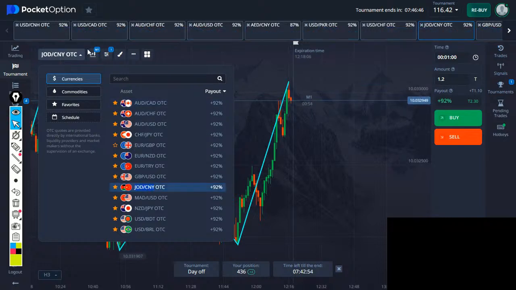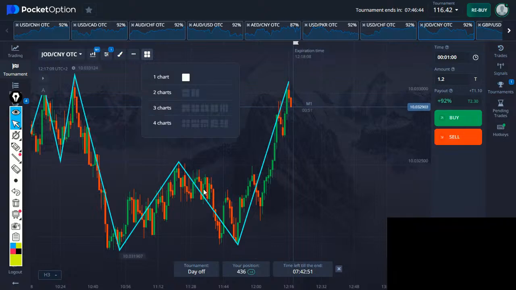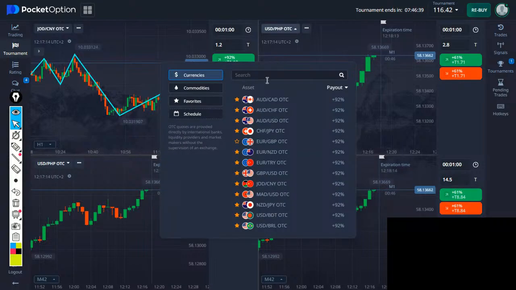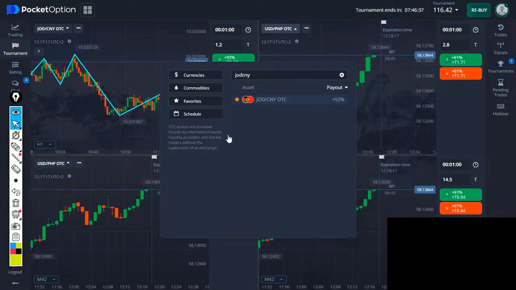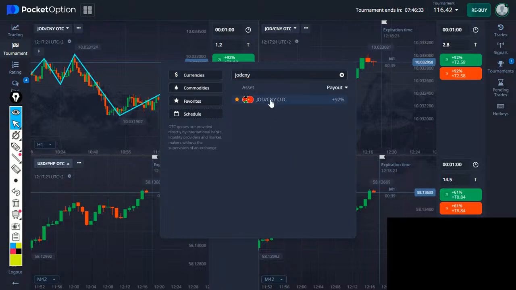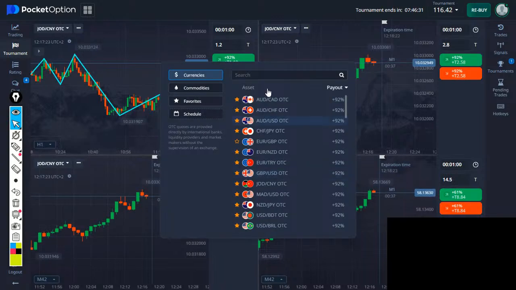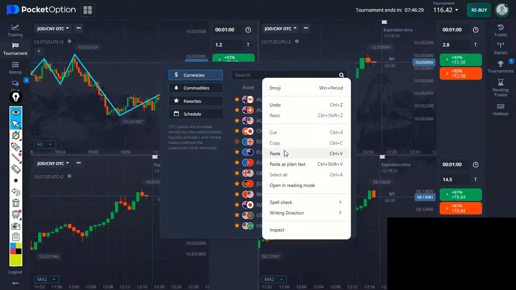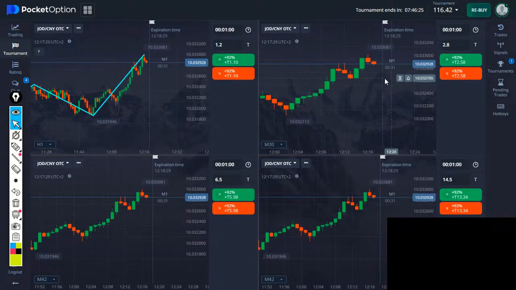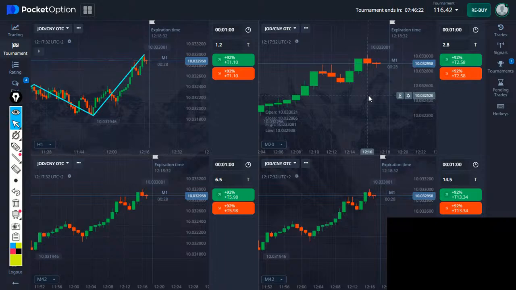So let me go here, go to the 4 charts, and adjust the 4 windows. Now I will go with the second stage of the martingale because we lost the last one on the previous pair. So I'll start from here with a sell at the opening of the next candle.